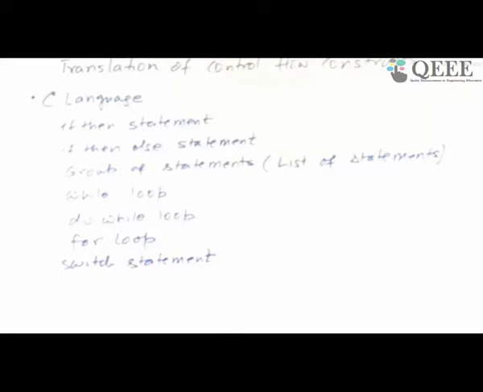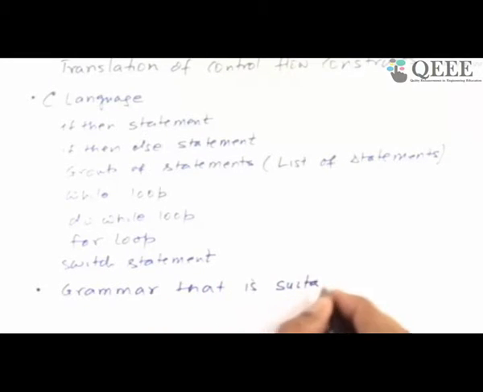Okay, so now saying that I want to translate these structures, we have to decide what? The choice of action for us will be to write some grammar that is suitable. I'll do it slowly, not in one shot. And we'll also have to decide on the semantic actions required for that.